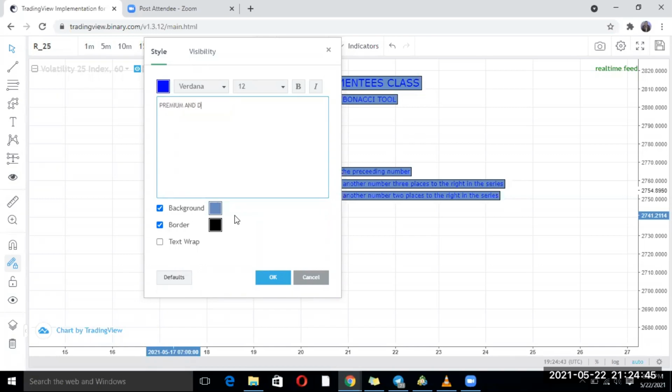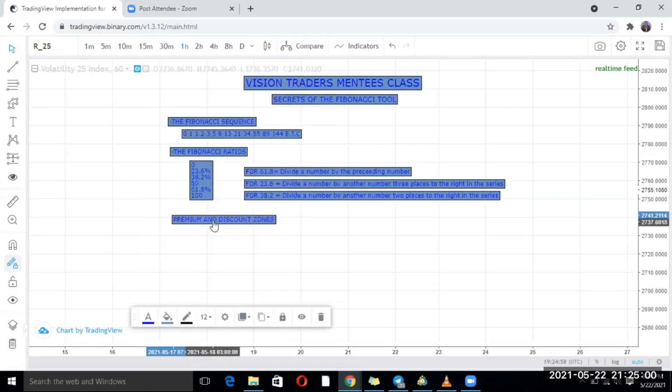The premium and discount zones. This is very important when trading any chart, whether synthetic or forex or anything. Very, very important, right?